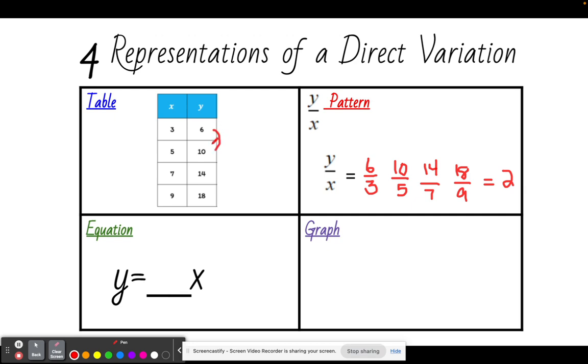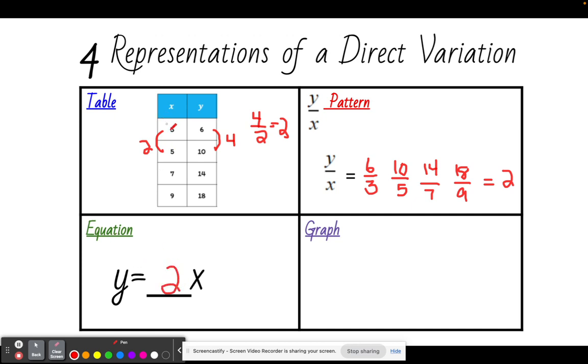If I calculate my slope this way, I would have 4 over 2, and we know that 4 over 2 equals 2. So my equation for this is y equals 2x.